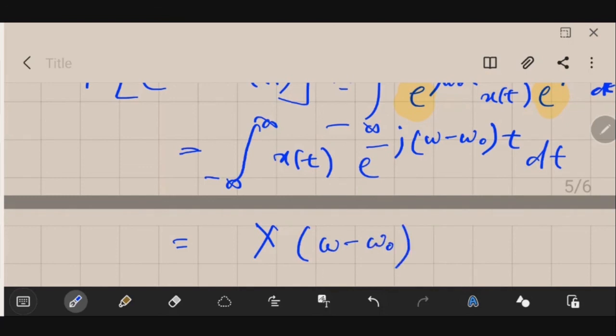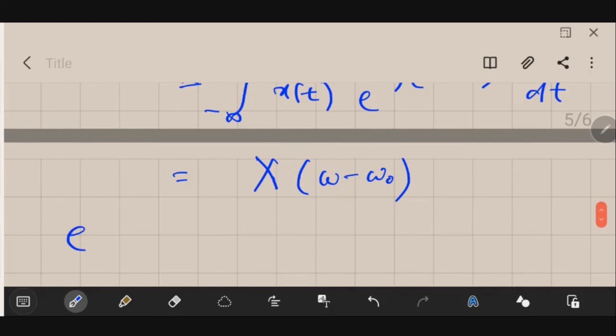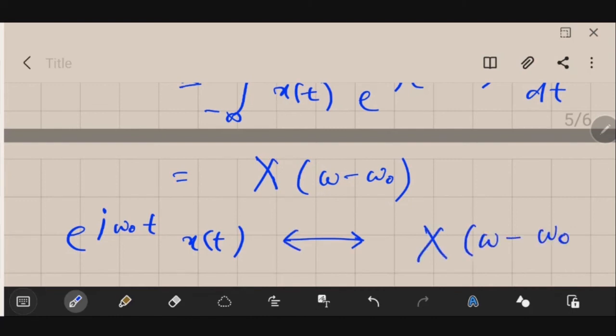In this way we could prove this particular property. So we could say that e to the power j omega 0 t x of t after the Fourier transform is nothing but capital X of omega minus omega 0. This is the frequency shifting property of the Fourier transform.